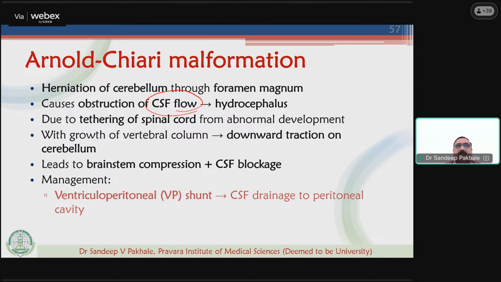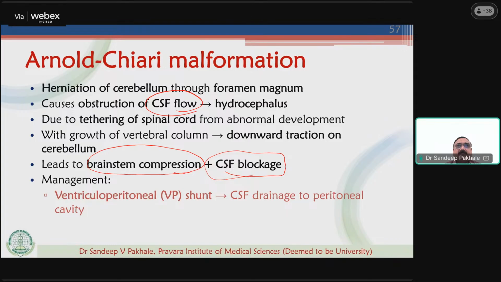As the vertebral column grows, this tethering exerts a downward pull, causing the cerebellum to herniate, and will lead to hydrocephalus. This can also lead to compression of the brain stem and other structures, and there are chances of CSF blockage.